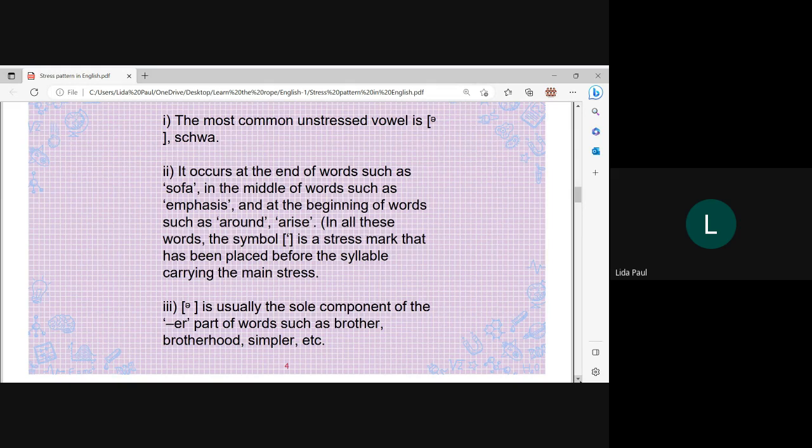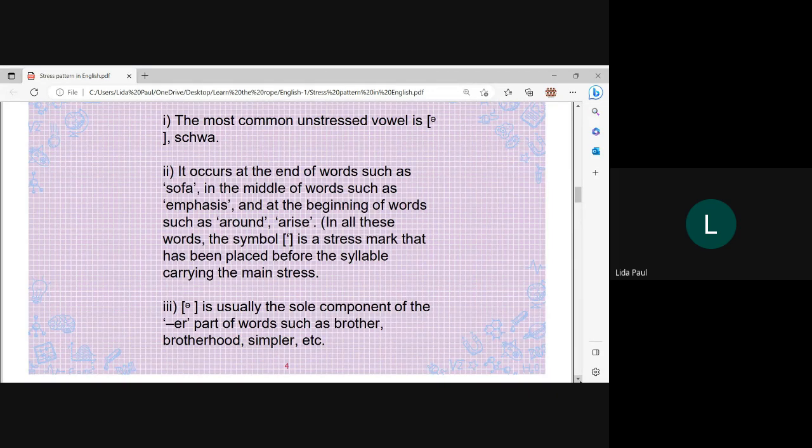All right, some more examples. So the schwa sometimes is the sole component of suffixes like, right, er, as you find in words like teacher, brother, brotherhood, simpler. So again, in Indian English, people do completely articulate the r sound at the end, like brother and father, mother, sister. But you will see that in the prominent varieties, people do not do that.